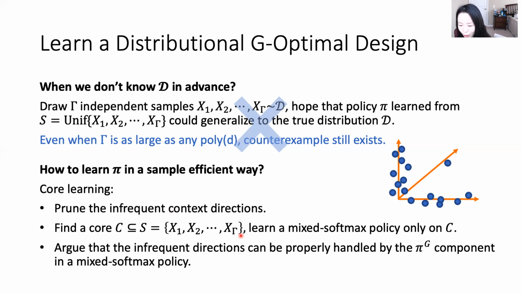For the infrequent directions, we argue that this part can be properly handled by the pi_G component in a mixed softmax policy.